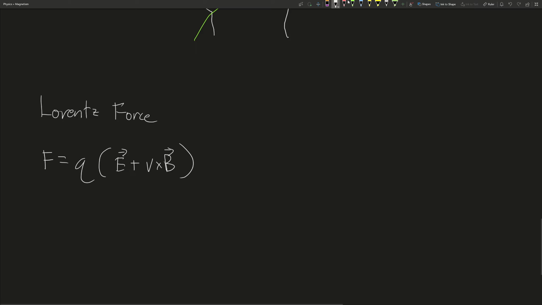Now, the E section of it is the electric field again, which we have covered in electrostatics. The section we're interested in right now is the magnetic one.